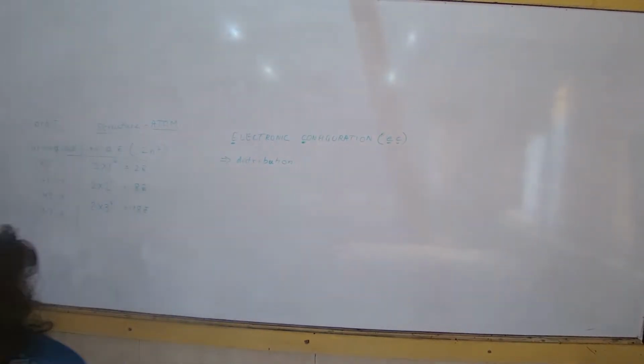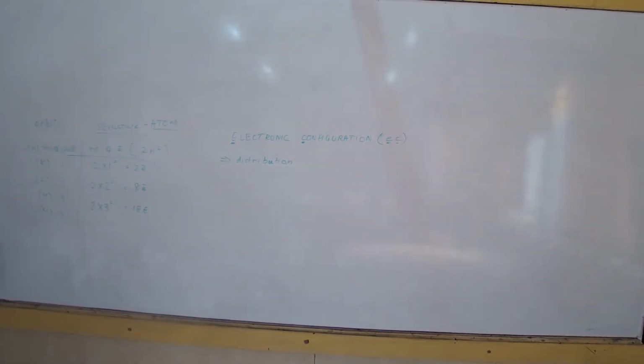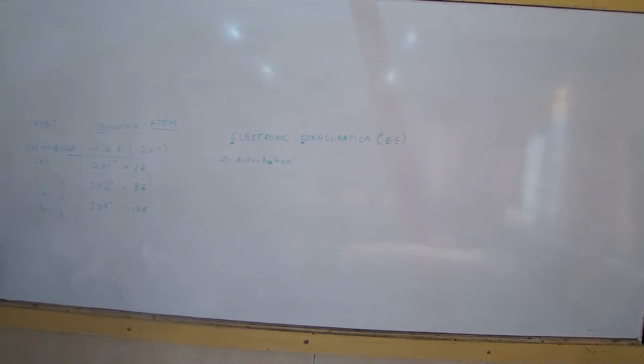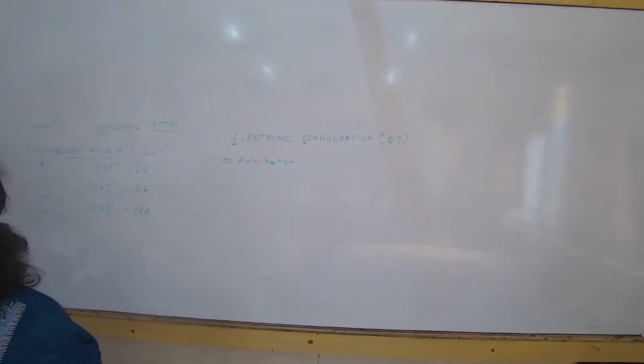Now come to 4.3. How are electrons distributed in different shells or orbits? Do you have the textbook with you? The distribution of electrons into different orbits of an atom was suggested by Bohr and Bury.